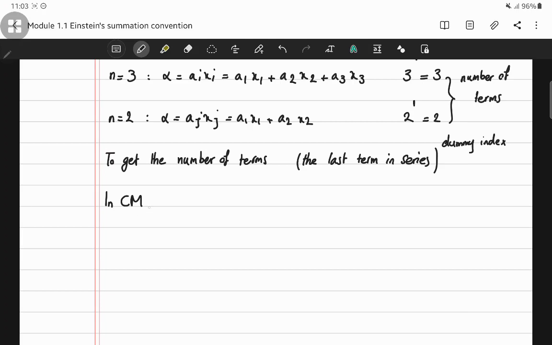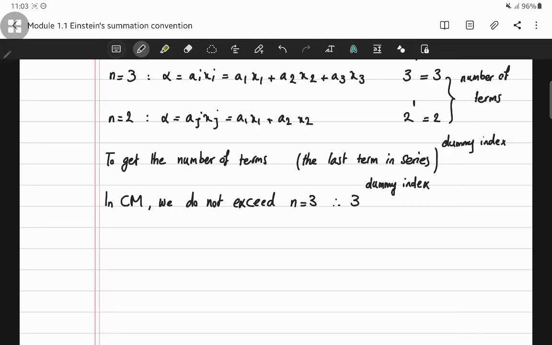In continuum mechanics, we do not exceed n equal to 3. Therefore, we have this n, 3 here, to the power of the dummy index.